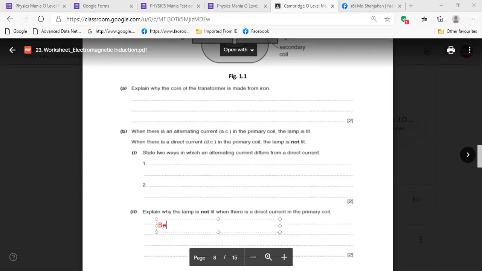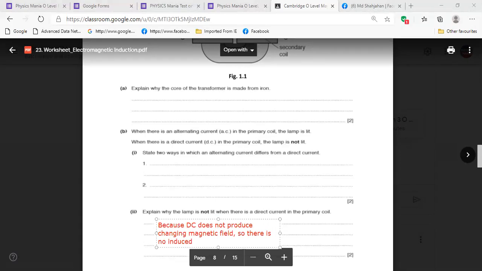Secondary, because magnetic field is constant. Because DC does not produce changing magnetic field, so there is no induced EMF. Sir, I wrote the magnetic field is constant.